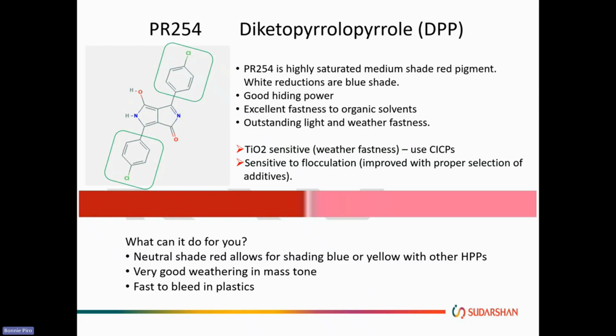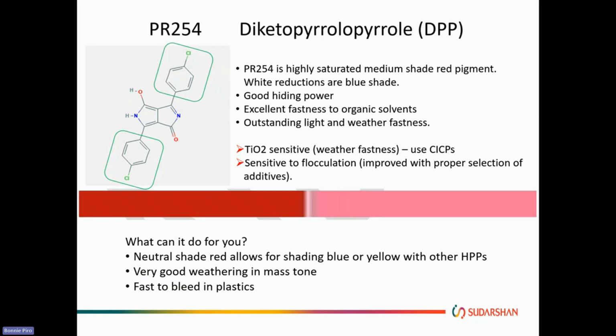For example, shading with an isoindolinone, a pigment yellow 110 is a great example, shifting a red 254 more yellow. You still have the same high performance technical properties, but you get to that space that you're looking for. Likewise, to the blue side, you can always use red 264, staying in the same chemistry family, or even a CPC blue is a good way to get there as well.